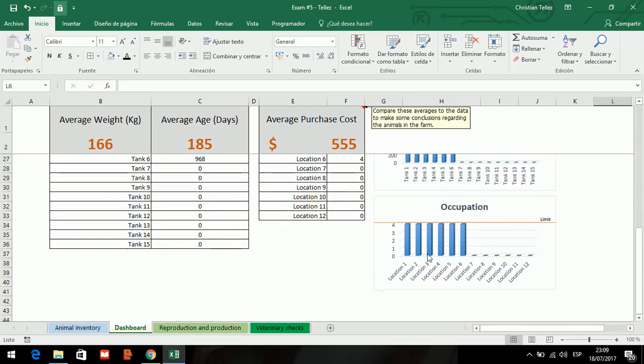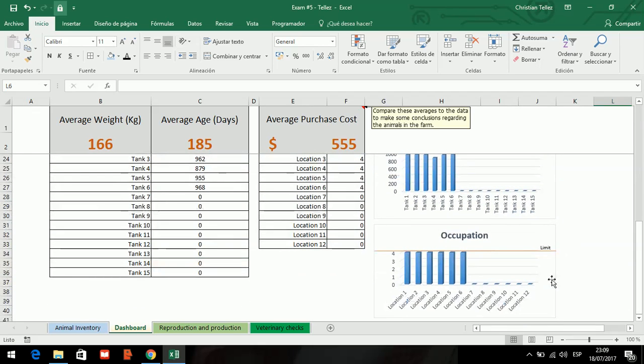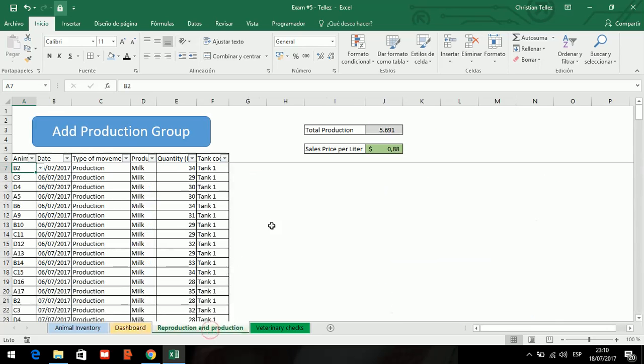In the locations, the location is defined by the hectare, and we can have 4 animals per location. Here we have the reproduction and production chart.